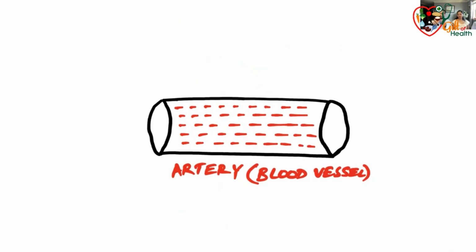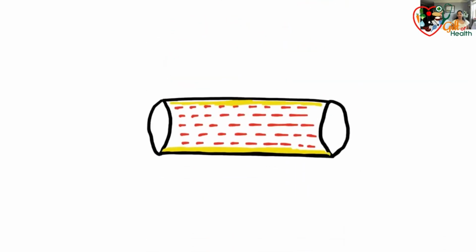The blood vessels are similar to the pipes, and the pressure in the pipes depends upon whether whatever is flowing in it is thin or thick, and also the stiffness of that pipe. What happens is, with different foods that we eat, this fat gets deposited.